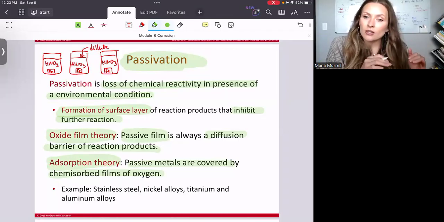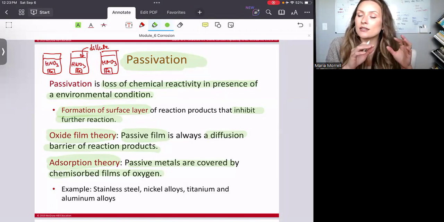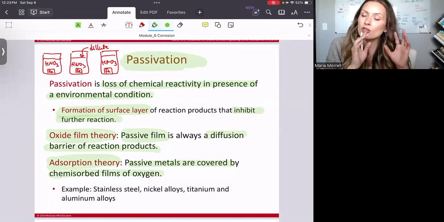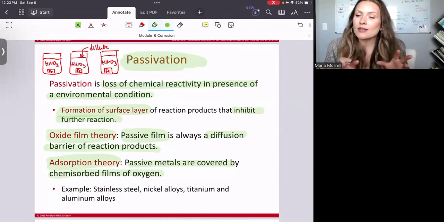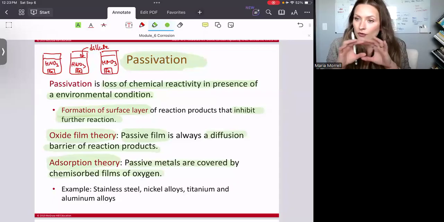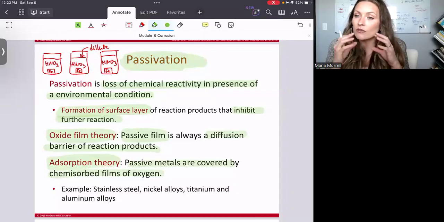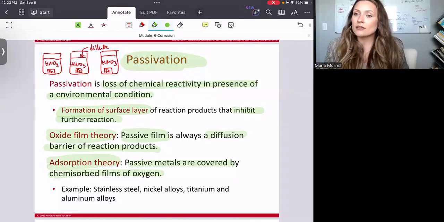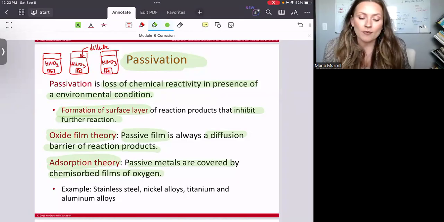Now, the oxide film theory says that the passive film is a barrier made of reaction products. There's a study that shows that as well. In some examples, you can actually see the film that is formed, you can visually see it, specifically when you have steel in sulfuric acid.